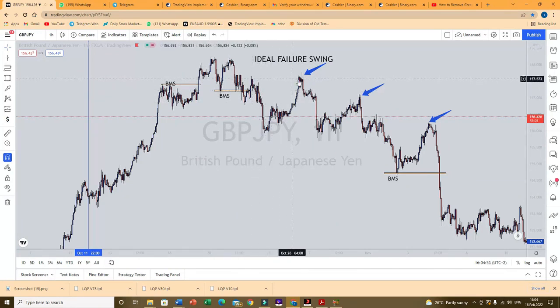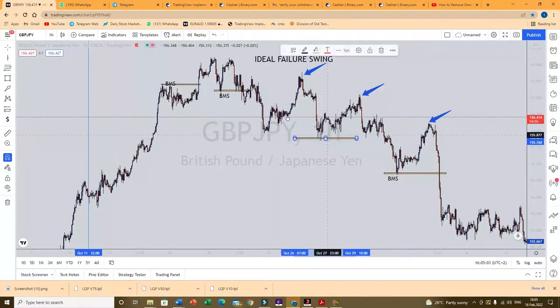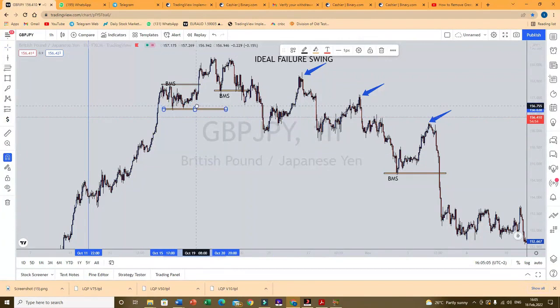We'll sell, and we'll sell from those other zones, right? But for it to be an ideal failure swing, right, we have to see our price breaking the strong demand zone, right, where our previous impulse move originated from, right?